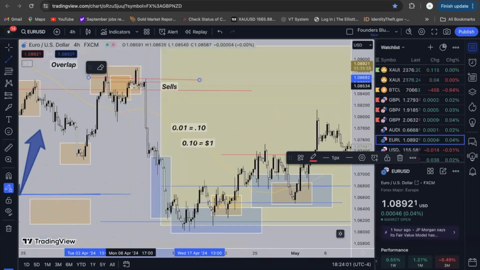Let's say our entry was somewhere down here, right? We don't want to just execute and jump headfirst into the waters.